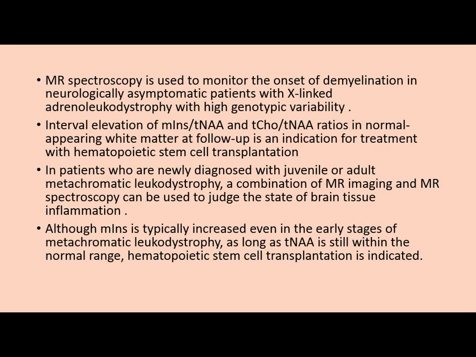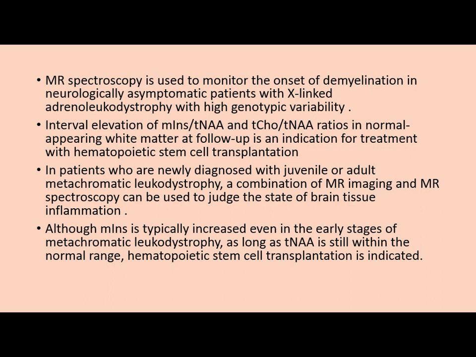In demyelinating diseases, MR spectroscopy is used to monitor the onset of demyelination in neurologically asymptomatic patients. The patient should be asymptomatic with X-linked adrenoleukodystrophy, which has high genotypic variability. They will do a follow-up of this patient with MR spectroscopy to detect the earliest onset of demyelination, so that they can decide whether they can do hematopoietic stem cell transplantation or it is not beneficial.